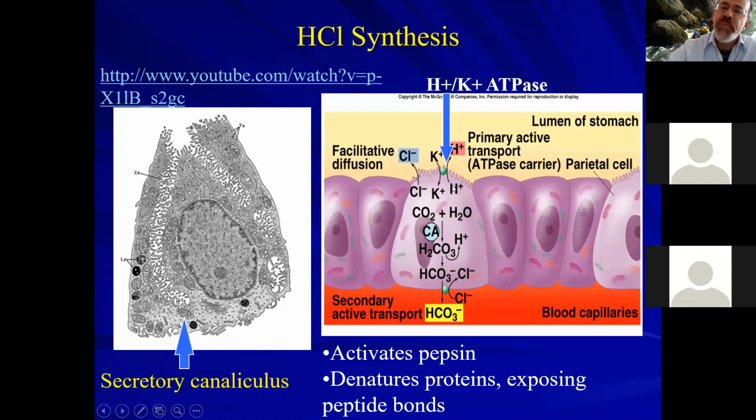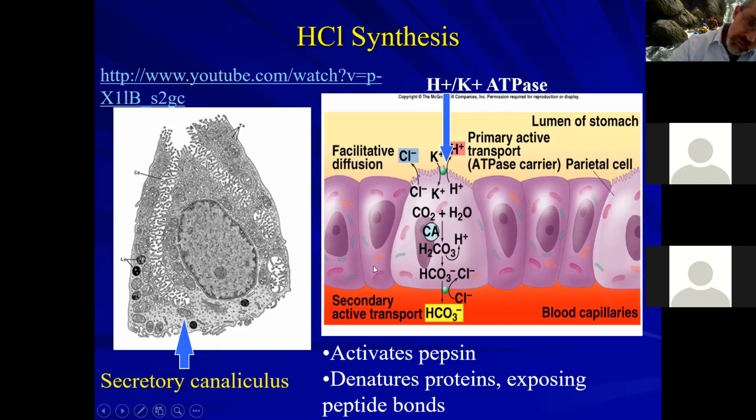Hydrogen then gets pumped from the cell into the lumen by what's called the hydrogen potassium ATPase, which is otherwise known as a proton pump. This is the proton pump that they were talking about in that video that pumps hydrogen into the lumen. What about the chloride that was brought in through the blood? The chloride leaves the cell into the lumen by way of facilitated diffusion, through ion channels.